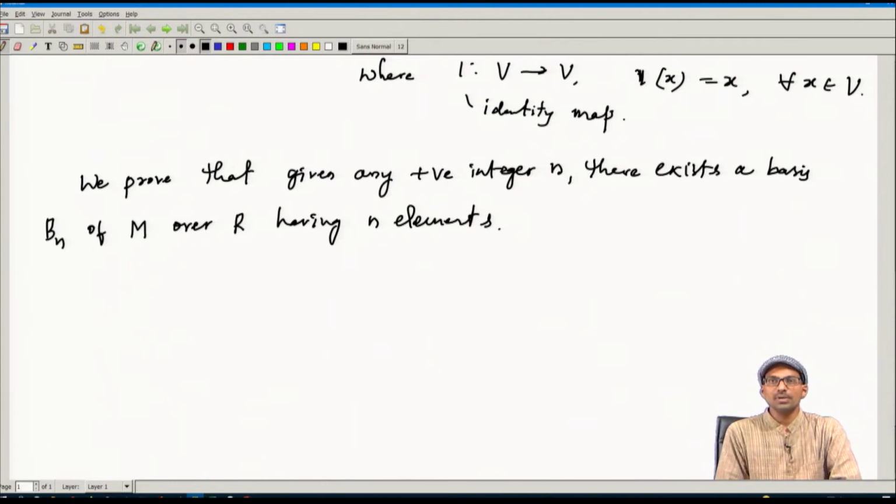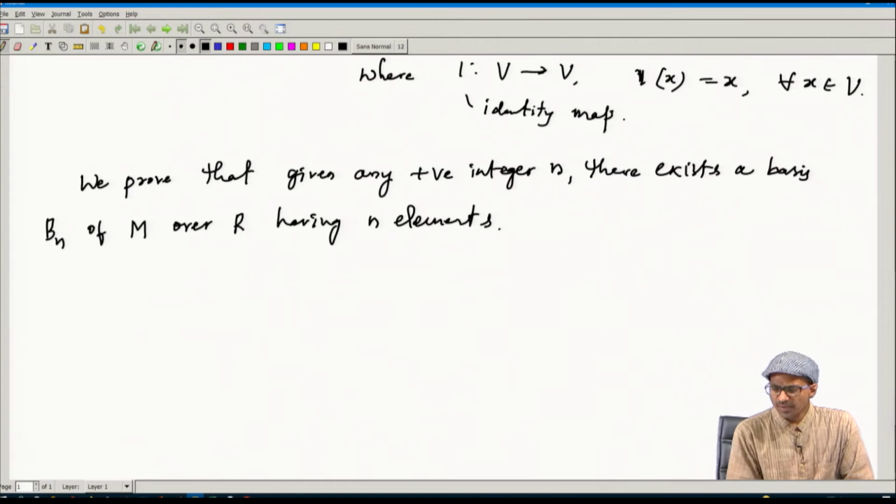That means if you give me any positive integer n, we are able to produce a basis consisting of n elements. Thus, we have several bases of several cardinalities. This we are going to show now.